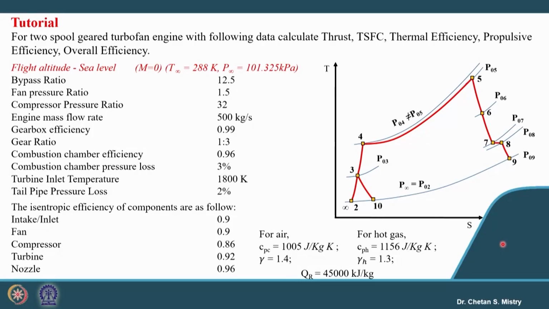So, in this case we will be solving this numerical for calculation of thrust specific fuel consumption, thermal efficiency, propulsive efficiency, overall efficiency. These calculations are at sea level where the flying Mach number is 0, entry temperature is 288 Kelvin and pressure is 101.325 kilopascal.